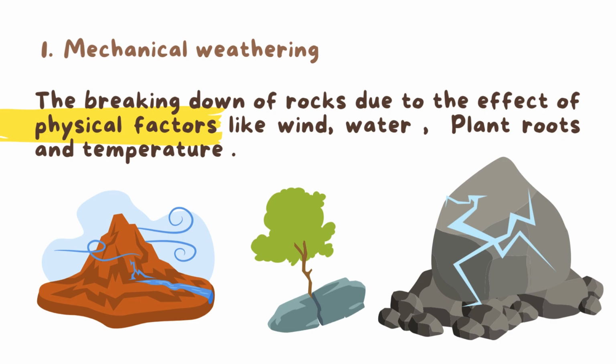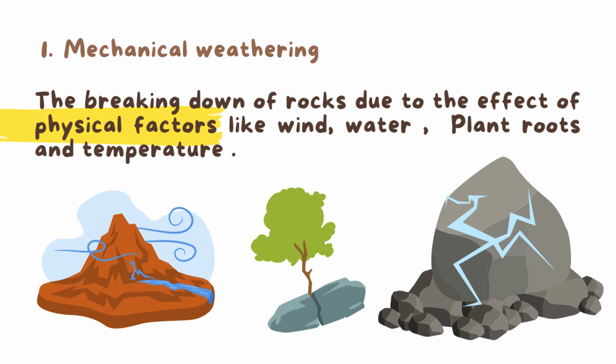So the weathering that happens from the physical factors like wind, water, plant roots, and temperature, we call it mechanical weathering. Mechanical weathering is the breaking down of rocks due to the effect of physical factors, like water, wind, plant roots, and temperature.